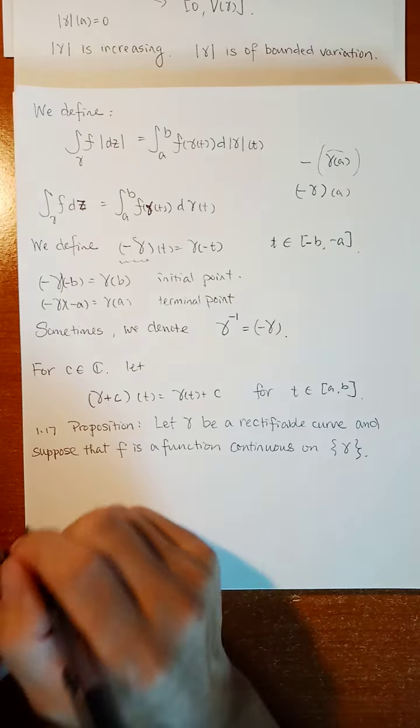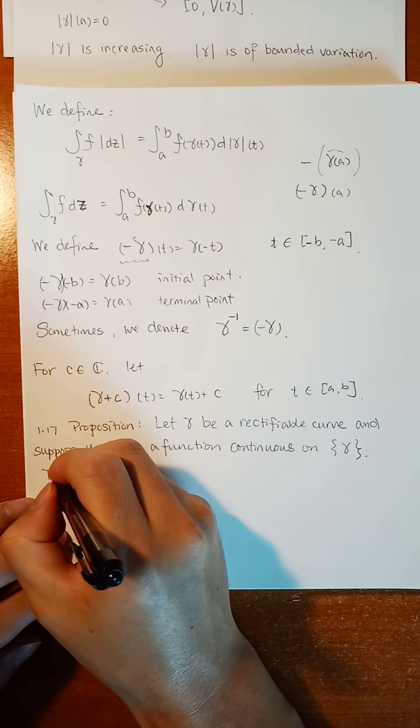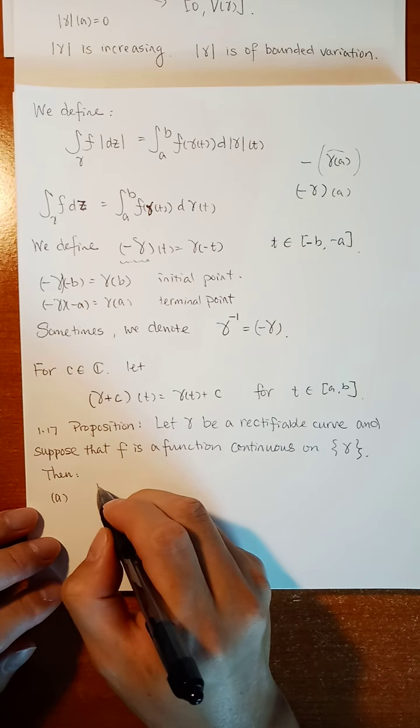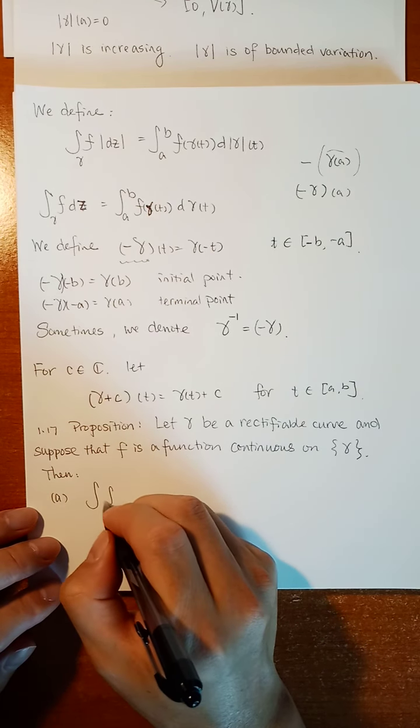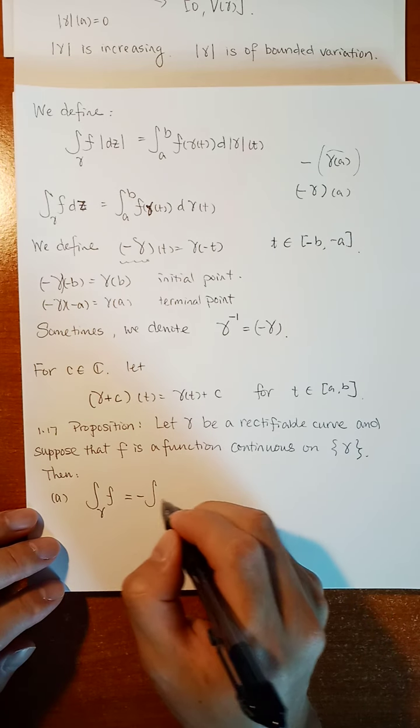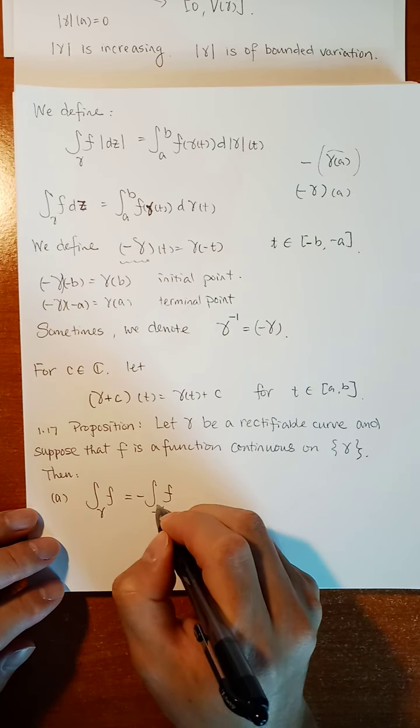Then we have (a) the integral of f along gamma is equal to negative the integral of f along negative gamma.